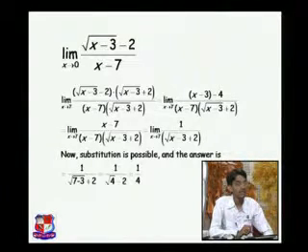So here we will get x minus 3 minus 4, because root of x minus 3 whole square is equal to x minus 3, and 2 square is equal to 4. So that is equal to x minus 3 minus 4, which is x minus 7. Okay, and x minus 7 in the denominator. So by computing this, we will quickly get the answer 1 upon 4.